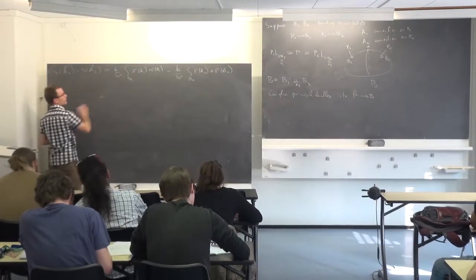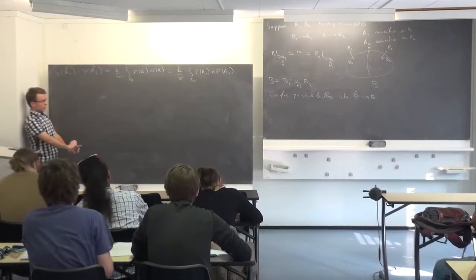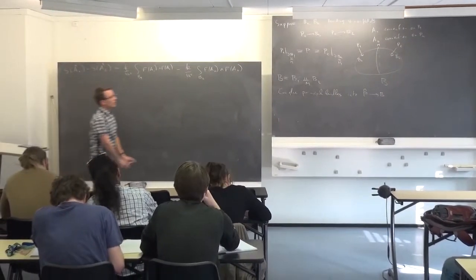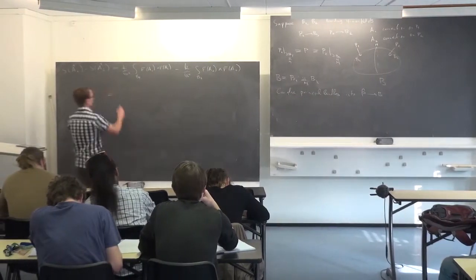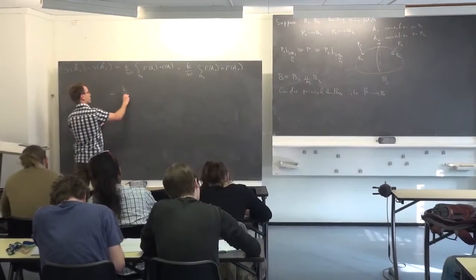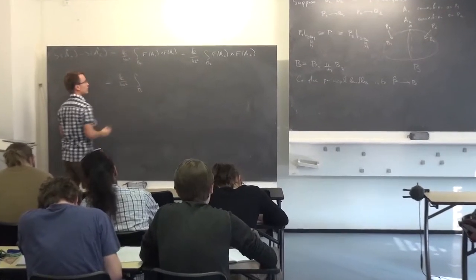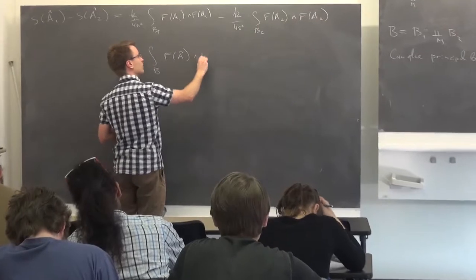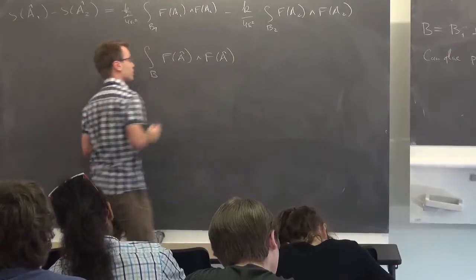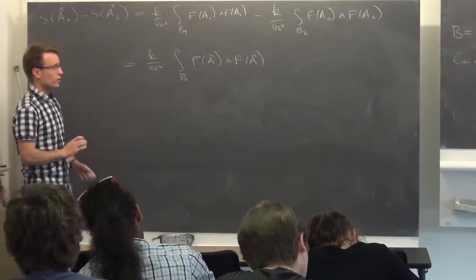Now, if indeed, as Rick said, you pick orientation of B2 to be opposite, then you can rewrite this as integral just over B of F of the corresponding connection, wedge curvature of the corresponding connection. This is a connection on P.